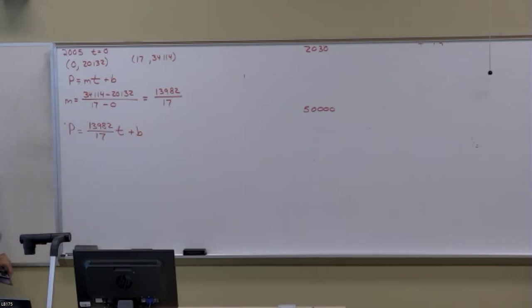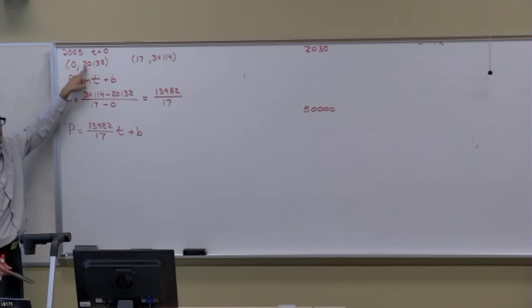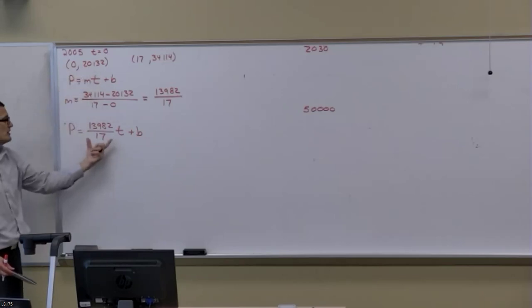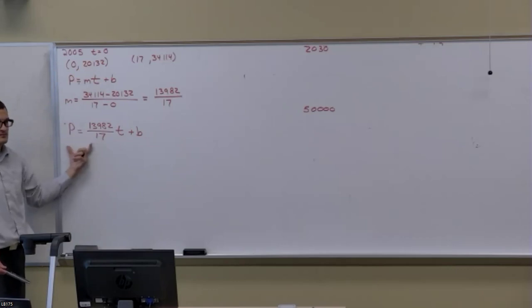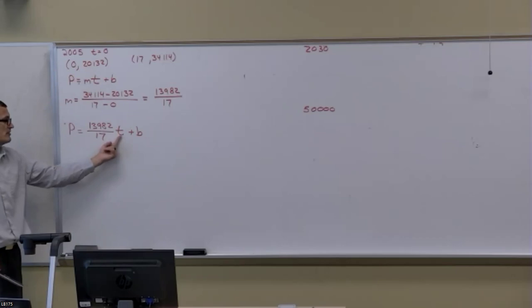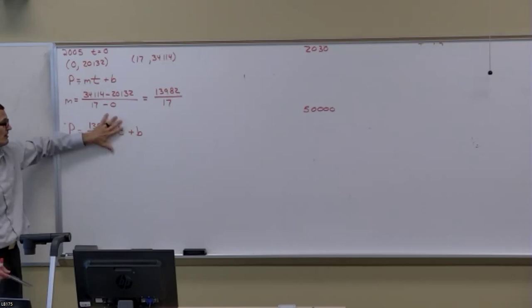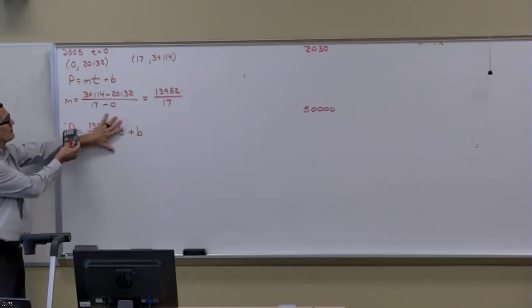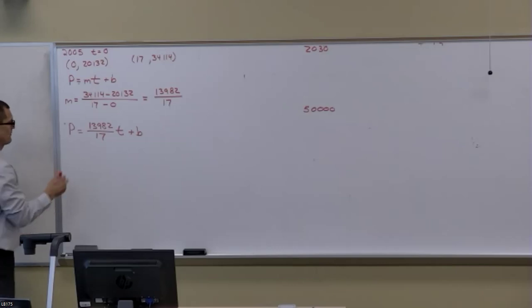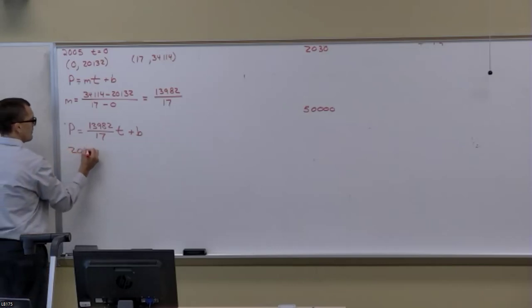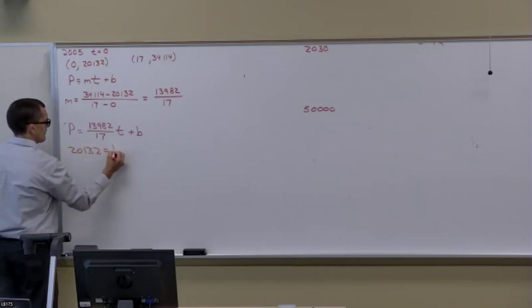What's my b in this case? Go for it. Would it be the population in 2005? Exactly. Population in 2005. If you plug in 0, you get 20,132. So you don't even have to go through the process of plugging in 0 for t, because we know that's going to fall out. And then 20,132 is equal to b.